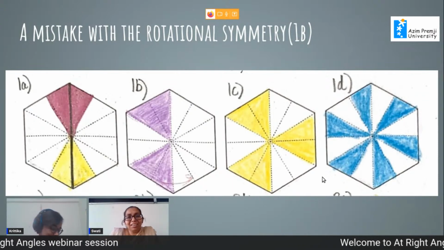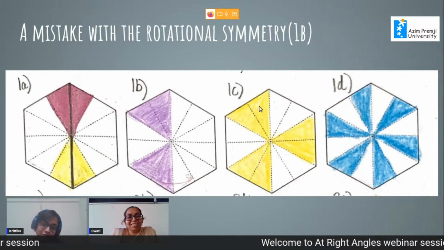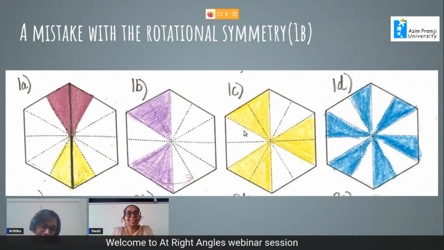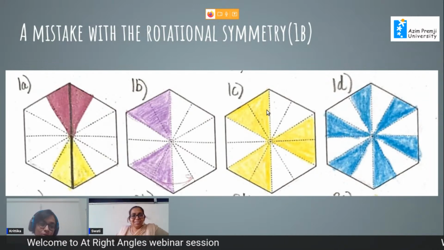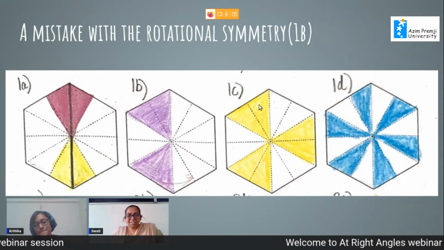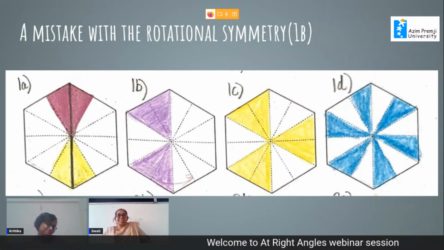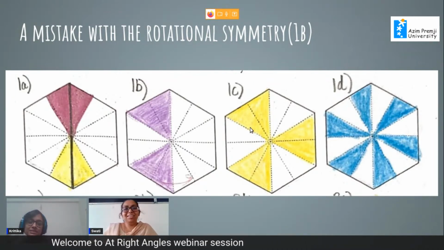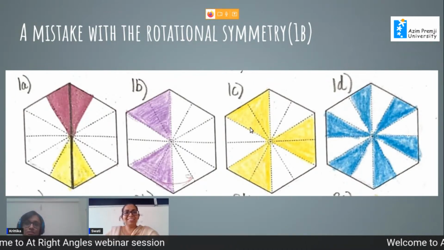If the child has done something else with the coloring, instead of the two yellow, something else could have been there. So with the mistakes also they were able to understand, of course.